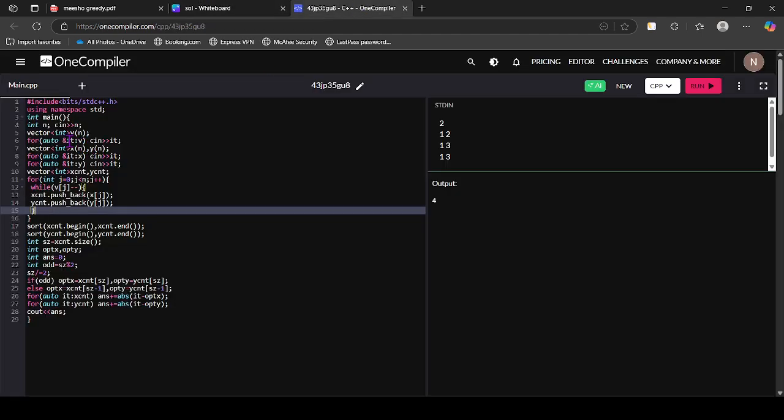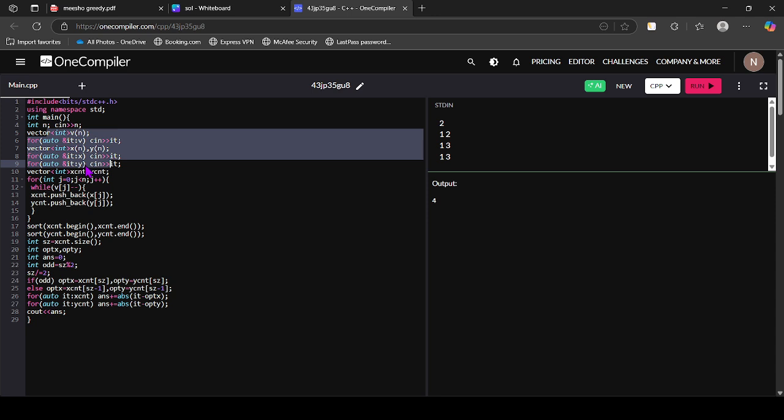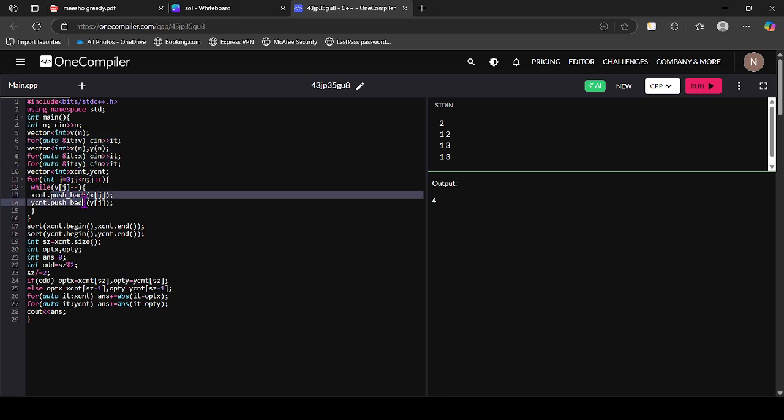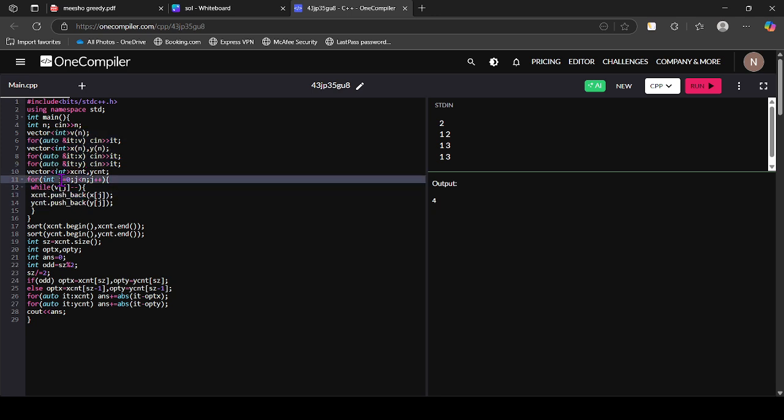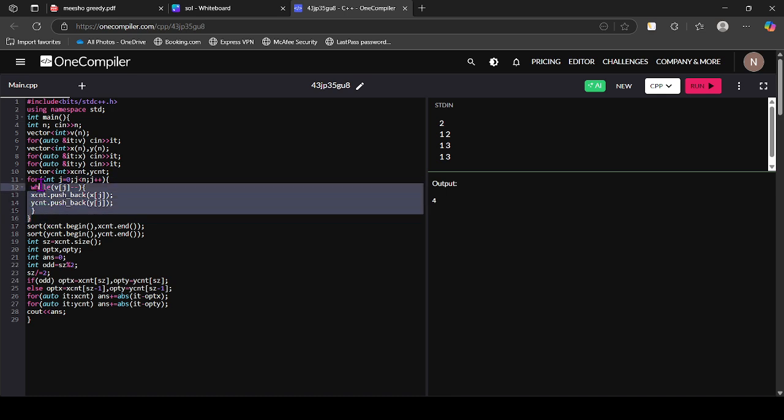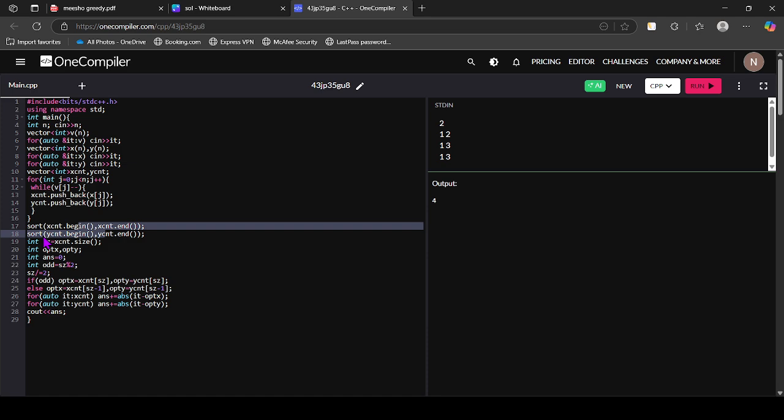Let's discuss the code. We are inputting the values of x and y. We are taking new vectors and pushing x of i, v of i times, which is just adding into the new vector, and we are sorting both, finding the size, and finding the optimal x and optimal y. If the size is odd, it is simply the median, because dividing by 2 gives the middle one.